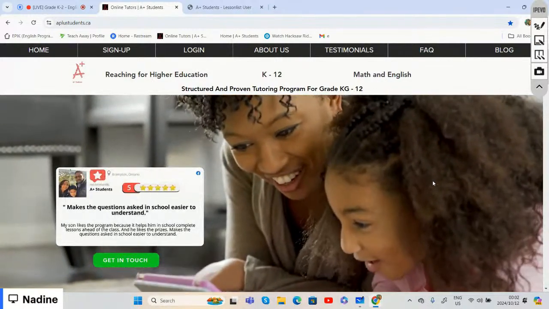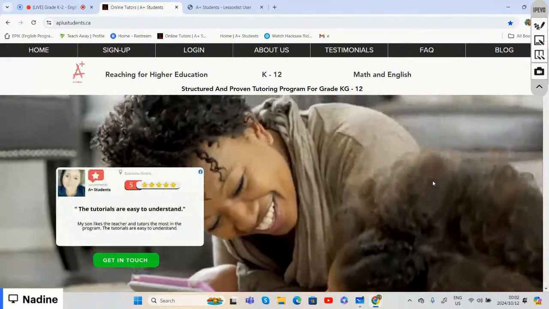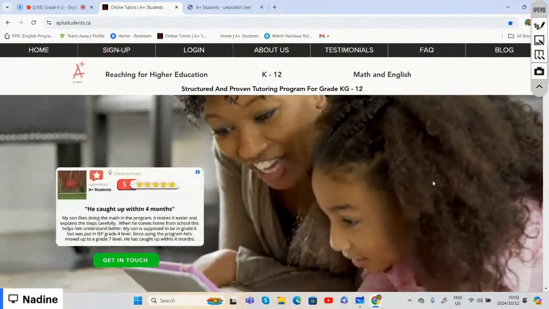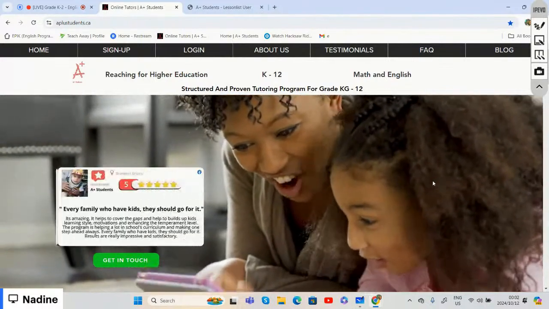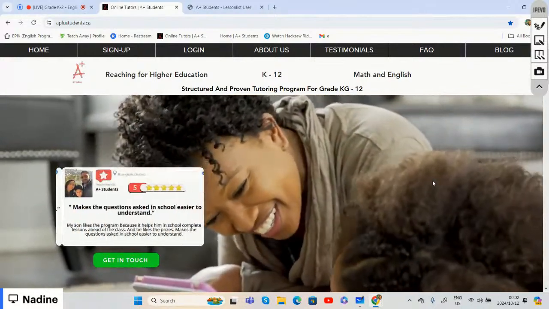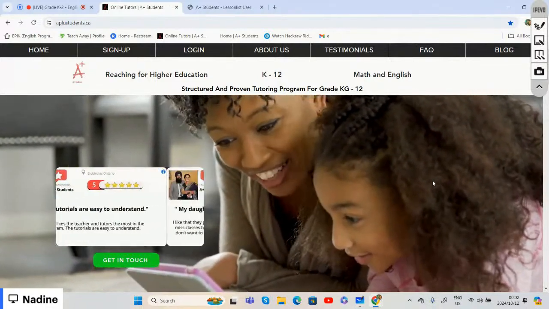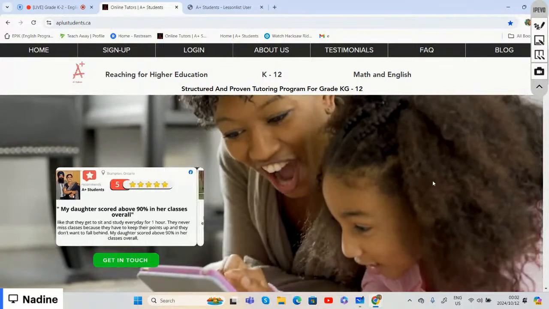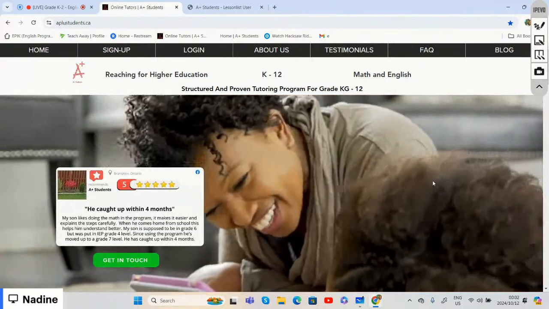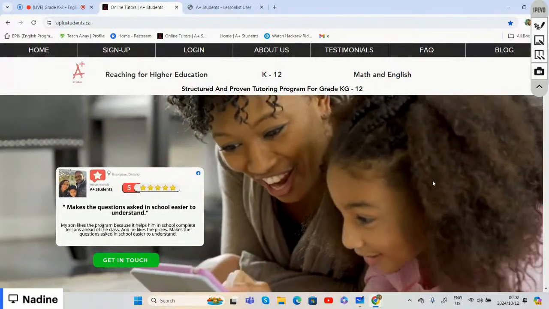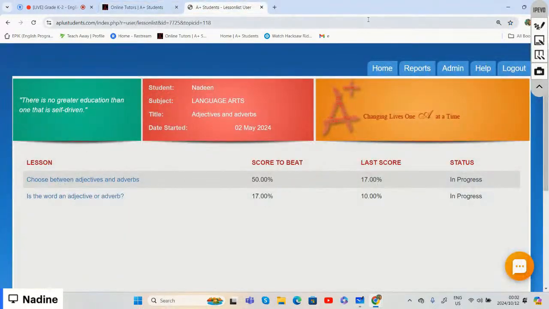Once we've logged on with our username as well as our password, we're going to select the subject of English language arts. We're doing grade kindergarten to 2. And then we're going to scroll down until we get to our chapter of adjectives and adverbs.